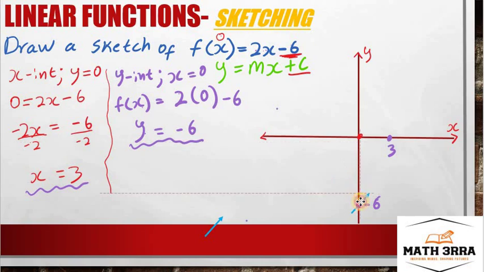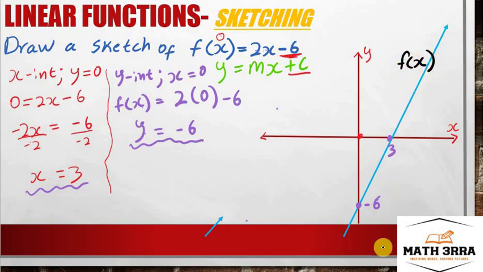We are just going to take our ruler from one point to the next and draw a straight line between the 2 points. That straight line would then represent our graph. So this straight line that I've just drawn here for you, this is our f of what? This is our f of x. That's all that goes into sketching a function.